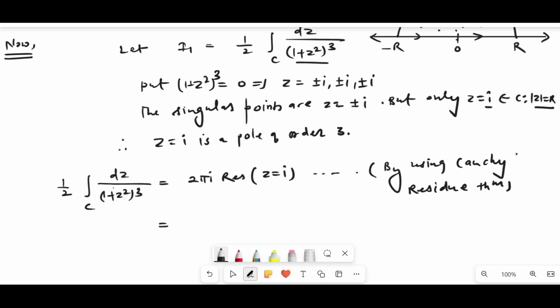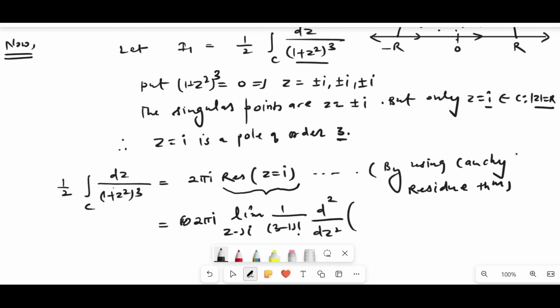So further we will solve, that is 2 pi i, and the residue formula for order 3 will be limit z tending to i of 1 upon (3 negative 1) factorial, d2 over dz square of (z negative i) to the whole power 3 times f of z, that is 1 upon (1 plus z square) to the whole power 3.